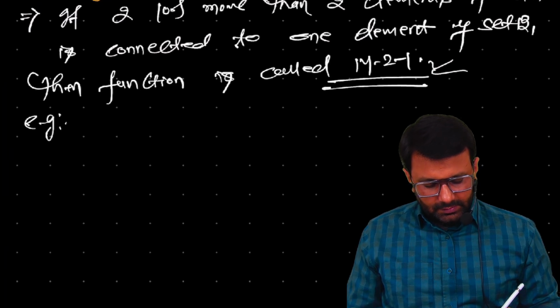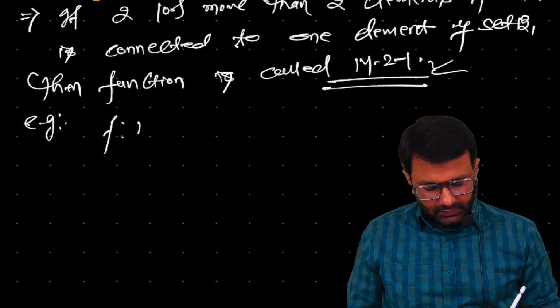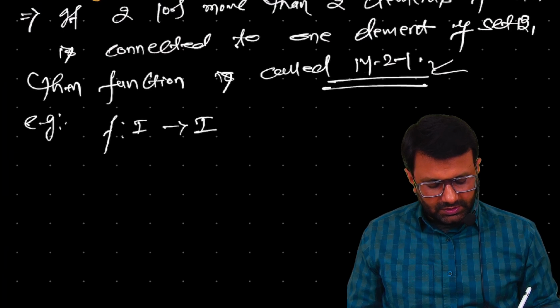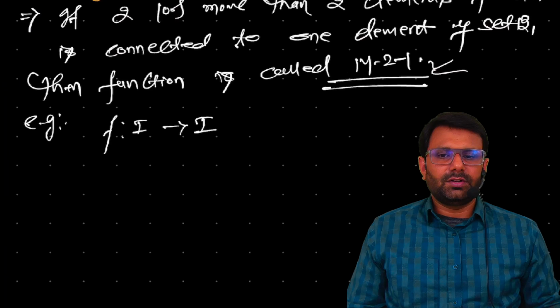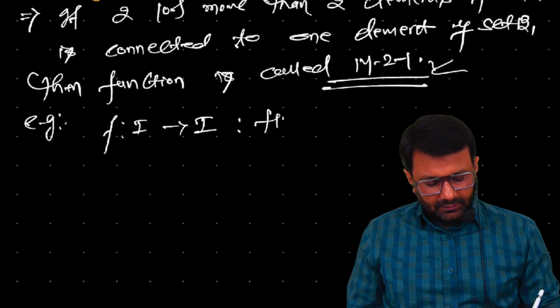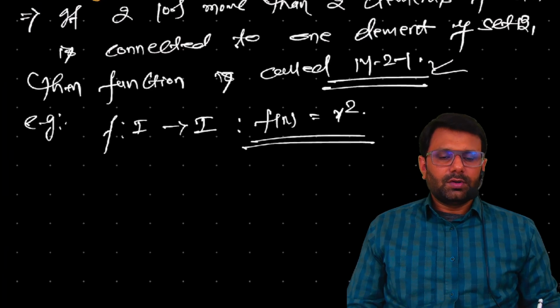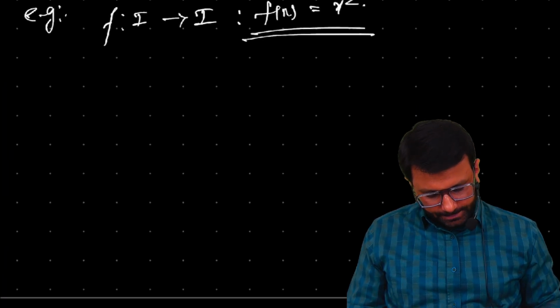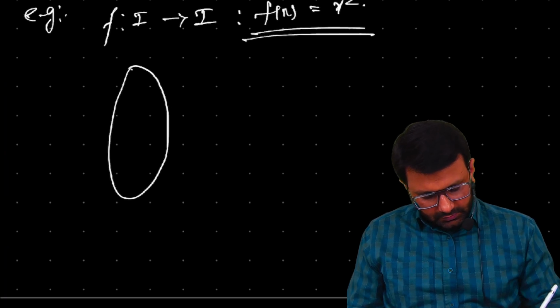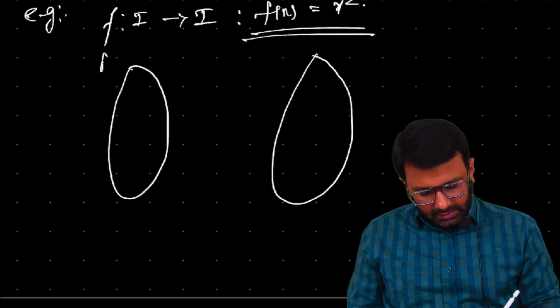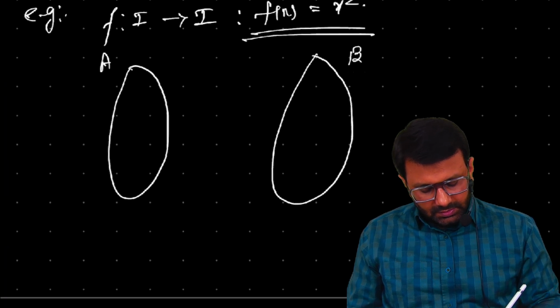Suppose, as an example, a function is defined from integer to integer such that f(x) is equal to x square. So this is set A and this is set B. The function is defined from integer to integer.